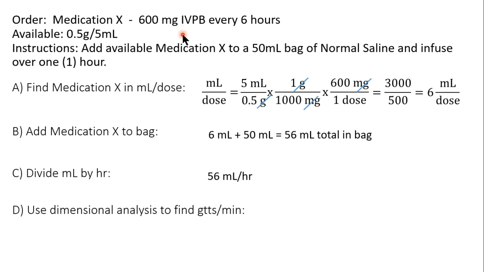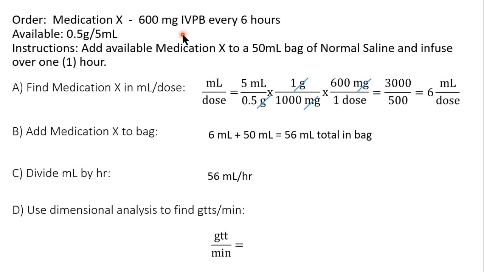Now we want to find the rate in milliliters per hour. That is the amount that you have to give, and it tells you that it has to be given over an hour. So it's just 56 milliliters per hour. That is the rate itself.